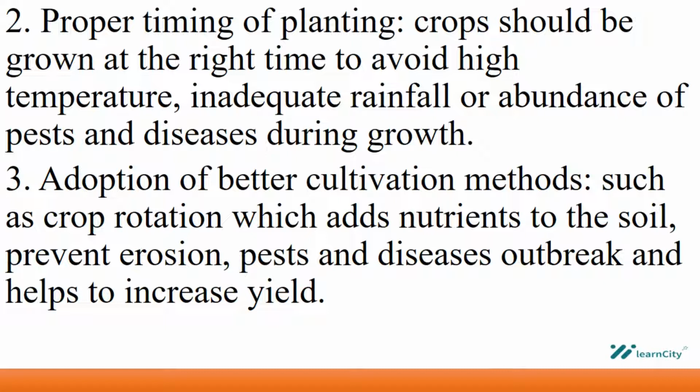Another one is adaptation of better cultivation methods, such as crop rotation, which adds nutrients to the soil. It also prevents erosion. It also controls pest and disease outbreaks, and it also helps to increase our yield.